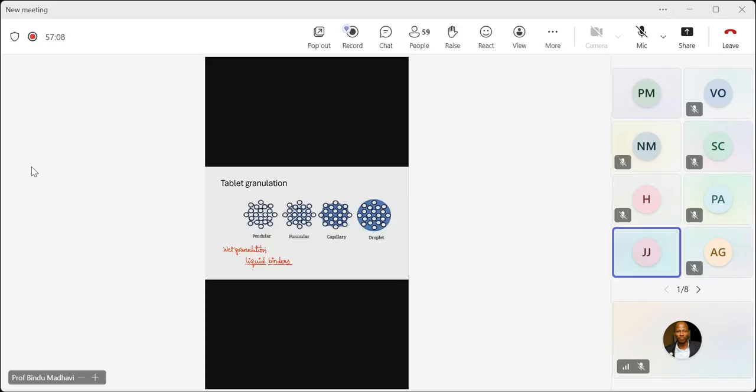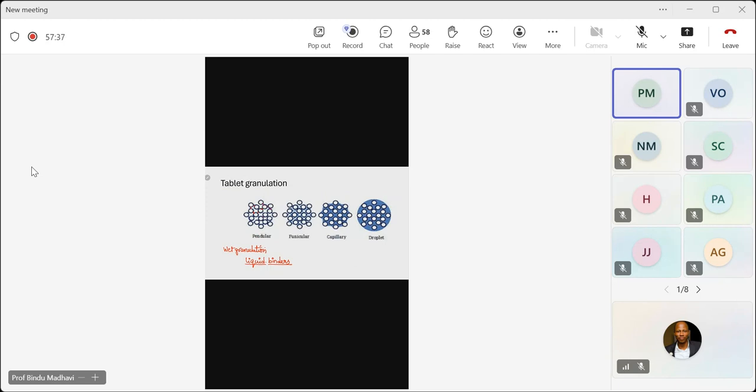There are 4 different stages of granulation when we add liquid binder. The moment we start adding the liquid binder, the powder enters the pendular stage. Whatever liquid we add to the particles, we now have formation of small or thin bridges between the particles.